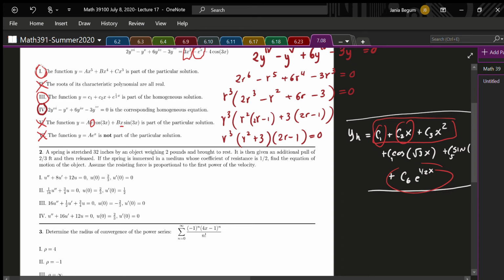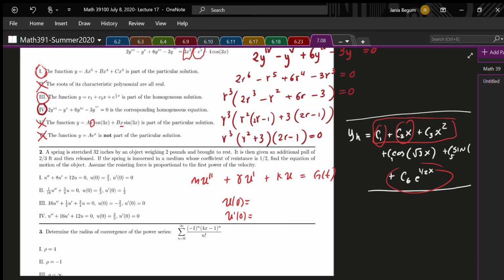So we wanted mu u double prime plus gamma u prime plus k times u is equal to some function g of t, and initial position of the spring and initial velocity applied to the spring. And you fill this in. So what's the correct answer for this question?